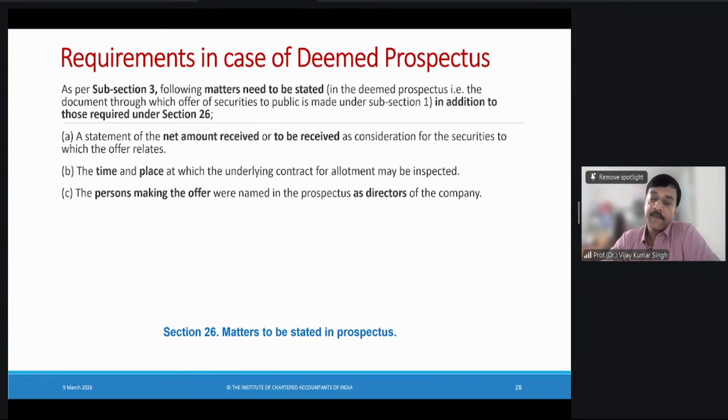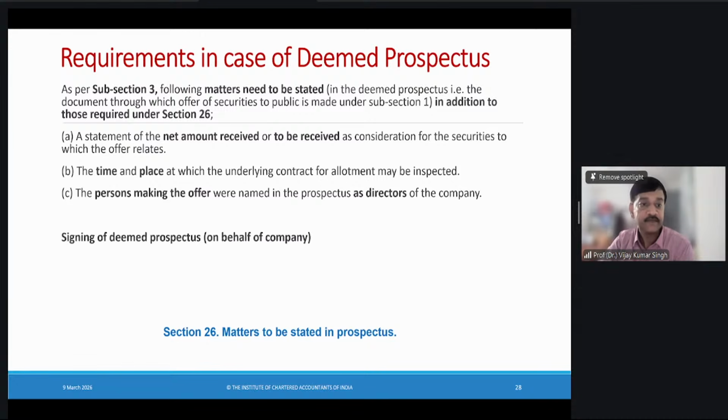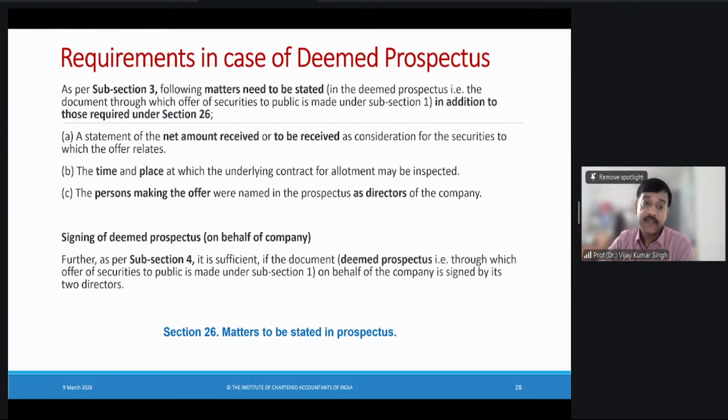That has to be mentioned, because the people making this offer should be in a responsible position. Then there is signing of the deemed prospectus on behalf of the company. As per subsection 4, it is sufficient if the deemed prospectus is signed by two directors of the company.